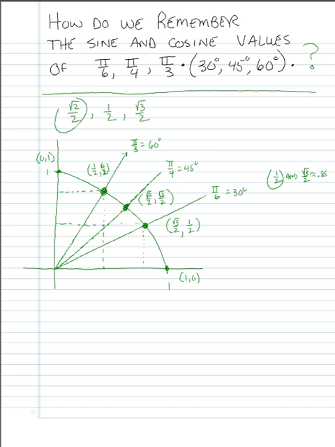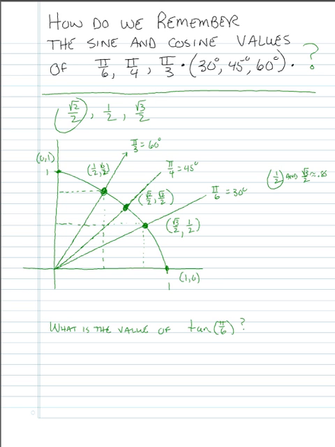Now, you have to have a way to remember what these points are, but once we know these points, someone can out of the blue say, what is the value of the tangent of, let's say, pi over 6?